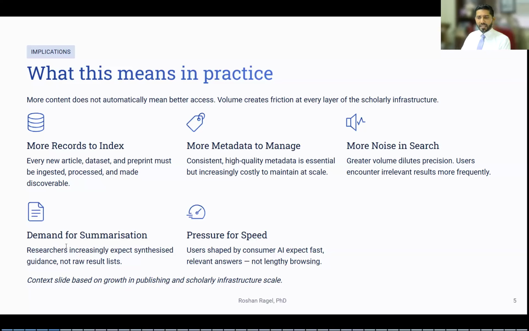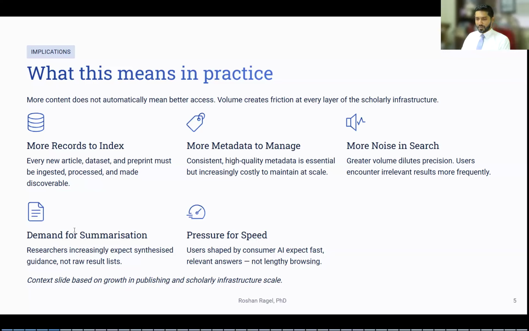And like I mentioned earlier, nowadays researchers and users are not only demanding more research articles, but they demand synthesized, summarized information quicker, particularly starting from the generative AI era.